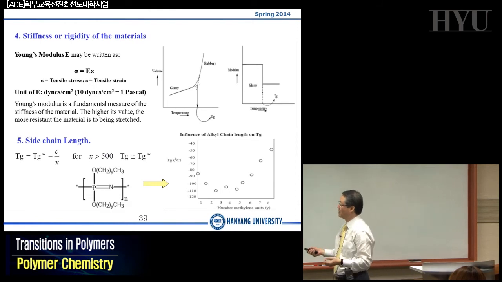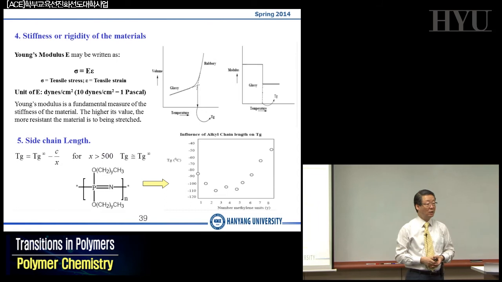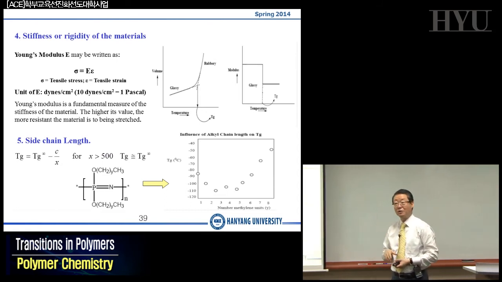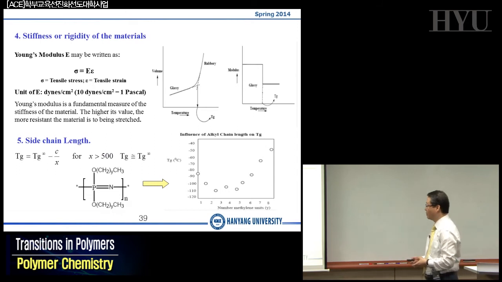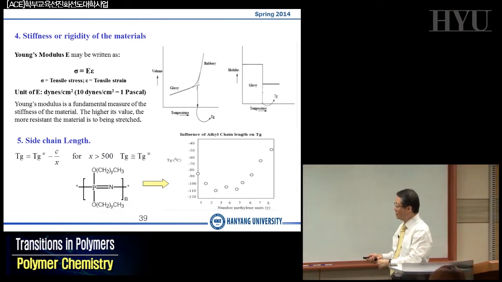What about the molecular weight? Molecular weight actually can influence the glass transition temperature a little bit. Right? If you think about the number of the methylene units here, your Tg will increase in the example of the polyphosphazene polymer.